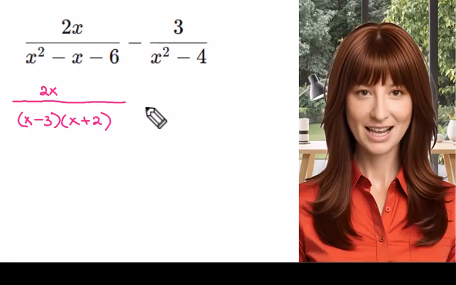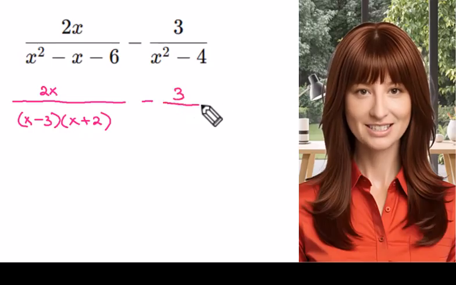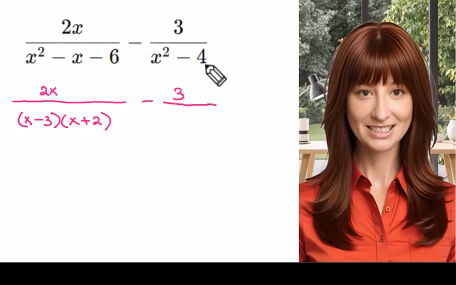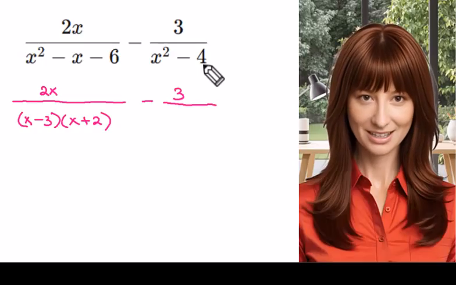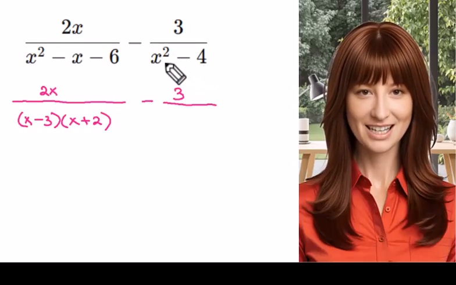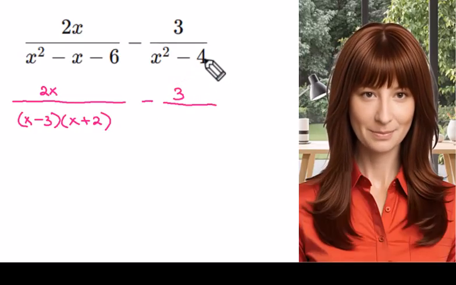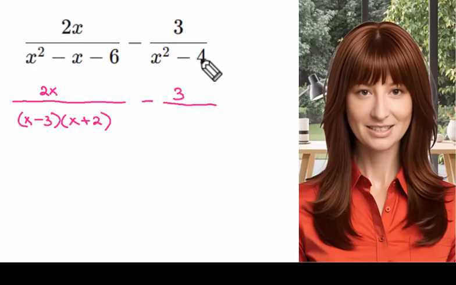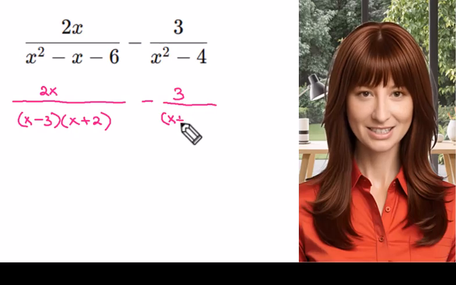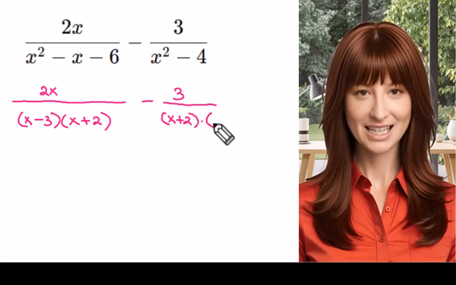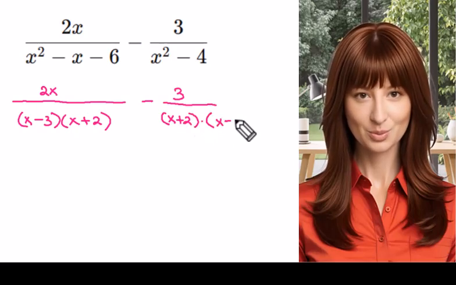All right, and then we are going to rewrite x squared minus 4 as a difference of squares. So I'm going to write x squared minus 2 to the second power, and apply the difference of squares formula. So this becomes x plus 2 times x minus 2.